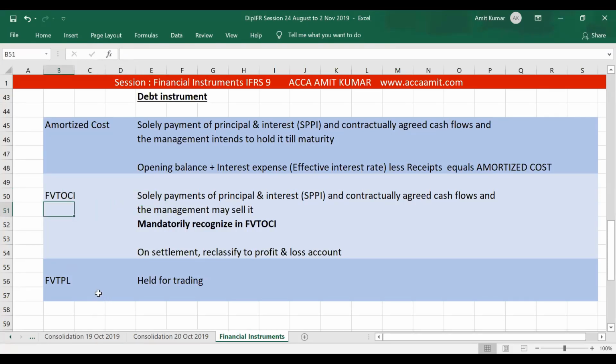Anything which was taken through P&L is not subject to impairment. Anything measured at cost or cost model or amortized cost is subject to impairment. What about the fair value through OCI item?